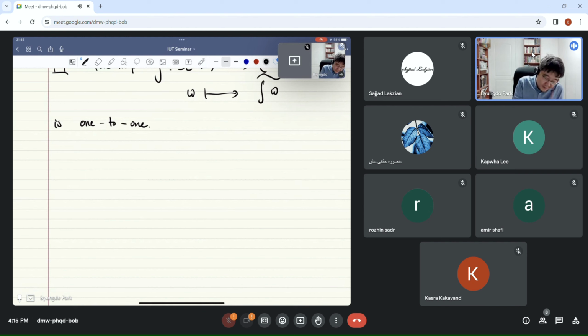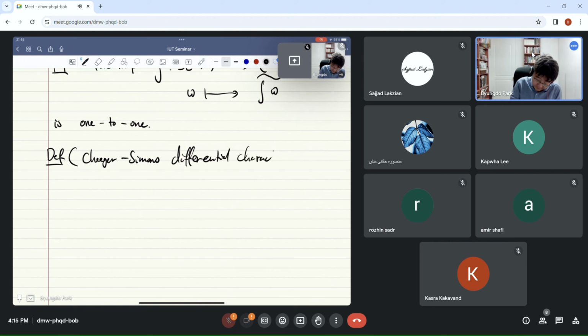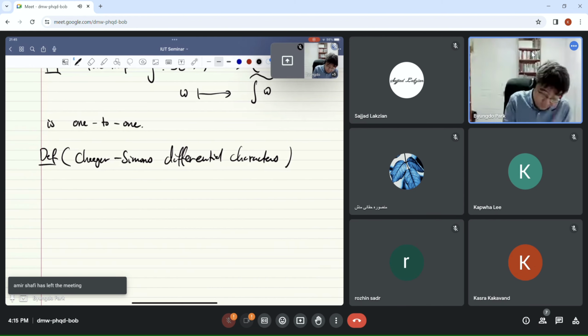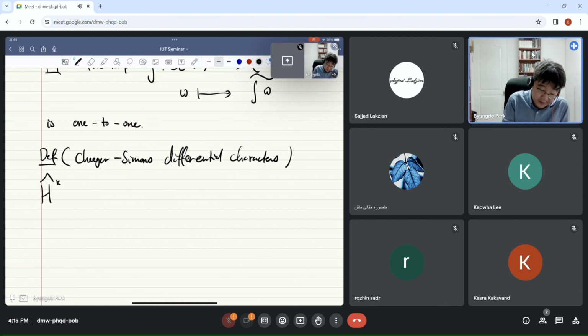So now I'm going to go ahead and define Cheeger-Simons differential characters. This set, H hat k of M, is defined as follows.